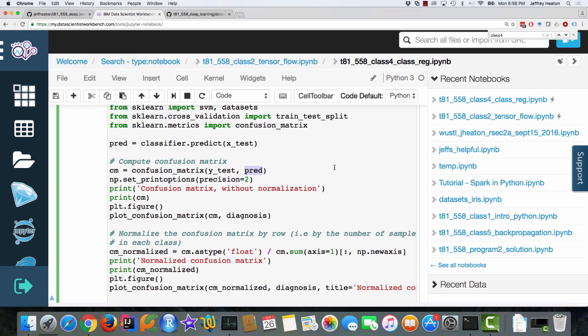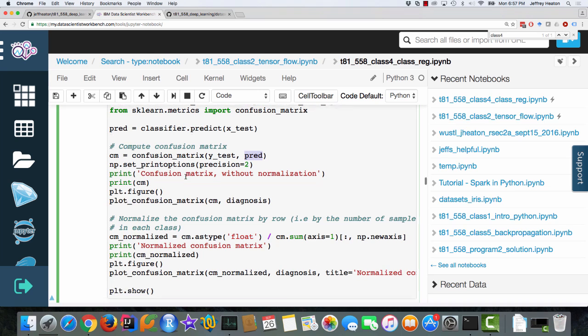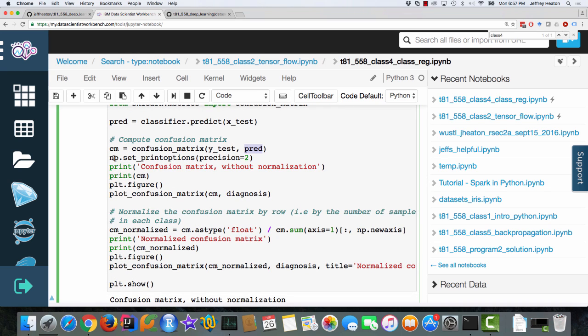And it generates a confusion matrix, which is truly a mathematical matrix. And then this is just a command that I'm doing that causes me to only get 2 decimal places. I'll put a comment in there for that. Otherwise, your matrix looks really obnoxious.